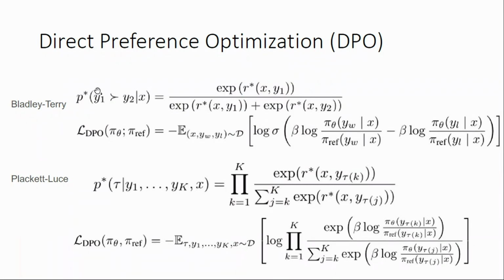So this is not explicitly a scalar reward function, and we connect this to a scalar reward through the Bradley-Terry model, where we model the probability of y1 larger than y2 as a binomial distribution, where the parameter of this distribution is proportional to the reward that we're fitting.